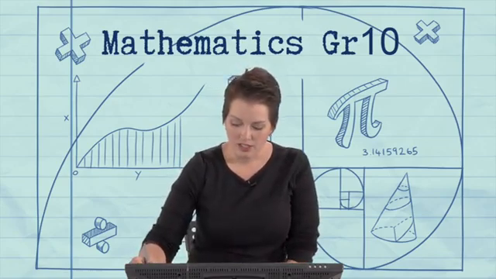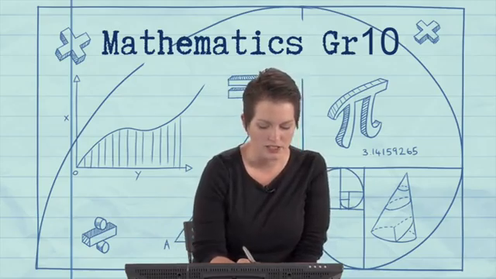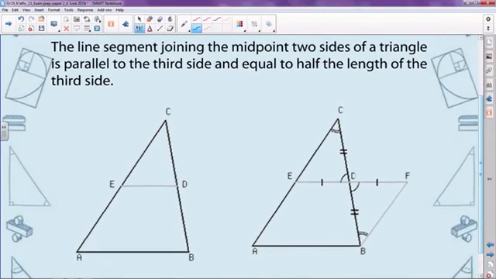Okay, so let's go back to the slides. Now, the next thing we need to talk about is probably the only new thing that you learned this year in Euclidean geometry, the midpoint theorem. Now, this is the proof picture if we wanted to prove it, and it's important that you know how to prove it.